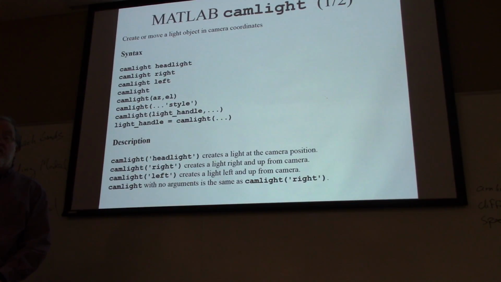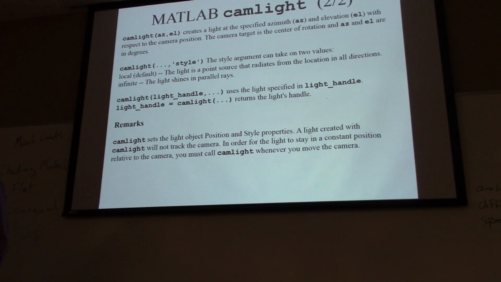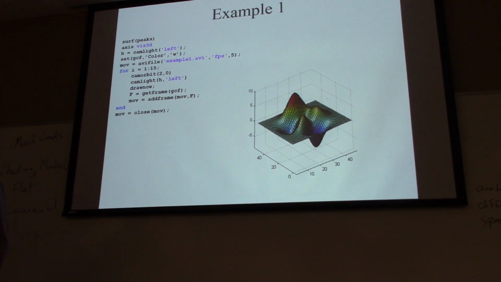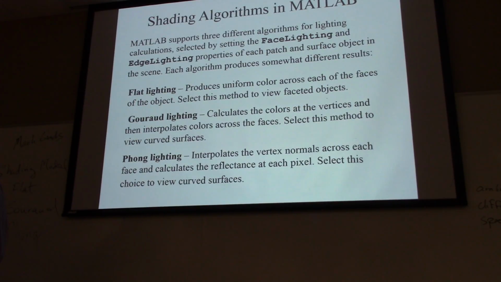So as the camera moves around, the light moves around. You can get this from the help menu. Here's an example. I wonder if that's going to run. We won't worry about it yet.